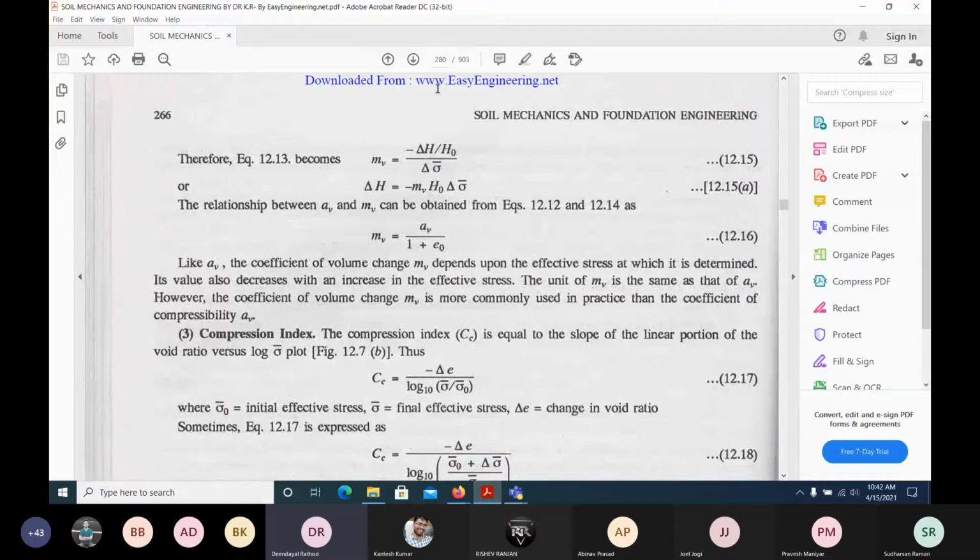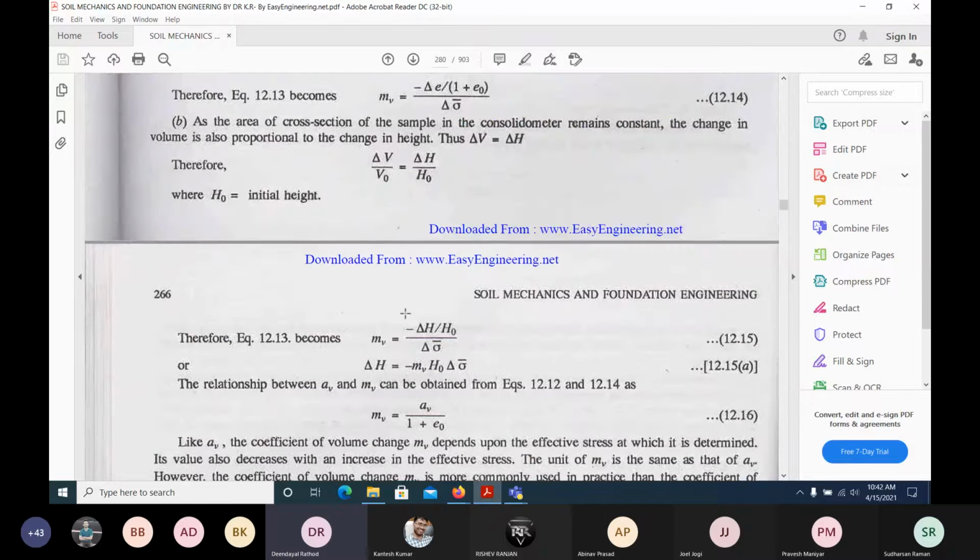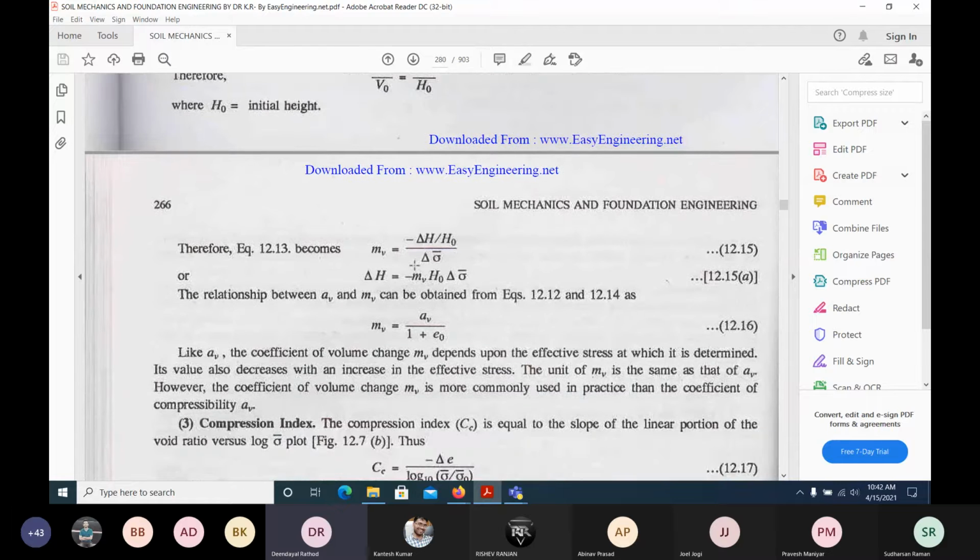Now, they have written the short form again, and from these two relations they have written it in this form. Finally, what is the relation between a_v and m_v? From this we can get a_v, which we know already: the coefficient of compressibility divided by 1 plus e naught will give m_v.